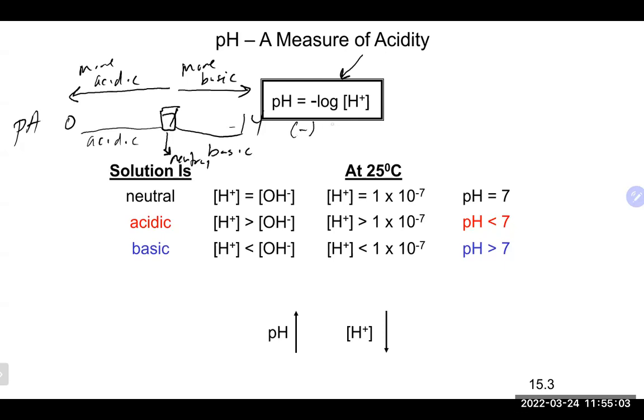You do the negative, you do the log button, and you do your concentration. If you have a non-display calculator, this formula and some of the other ones we're going to see, you need to work backwards. You actually need to start with the number or the concentration, then hit log, and then hit negative. So this is display calculator. That's the non-display way of doing it.